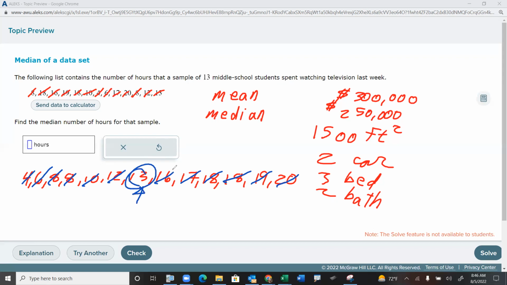And that's the guy in the middle. So the answer is 13, which has nothing to do with the fact that there were 13 numbers in the set. That was just dumb luck. Okay. So you can see why finding the middle number definitely could help you find the middle of your data set. And that is how it's done.